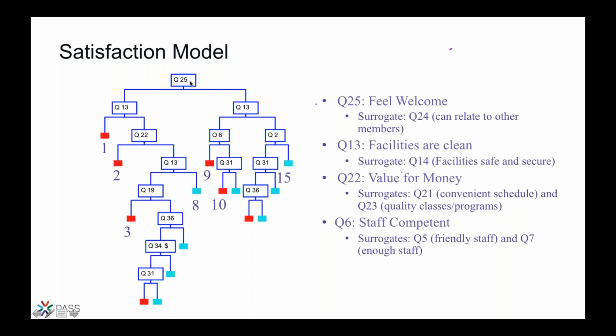Now the next step in the decision tree is to go over to this side. From the data remaining in the question 25 equals 1 subpopulation, assess all the variables. And remember, question 25 only equals 1, so it's not going to be interesting. But for the other 12 questions, what's the best way to split the data into two subgroups? And of all 12 possibilities, it picked question 13 as the best way to do it. Bam, do the split. Then it got down to this population where terminal node 1 is.